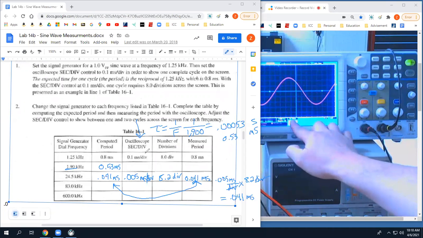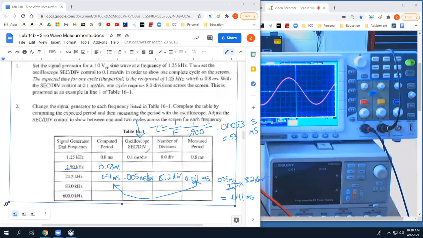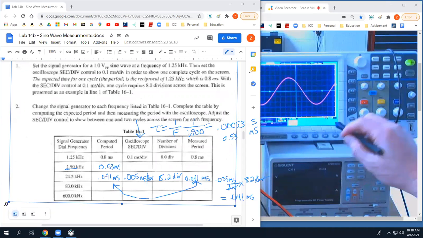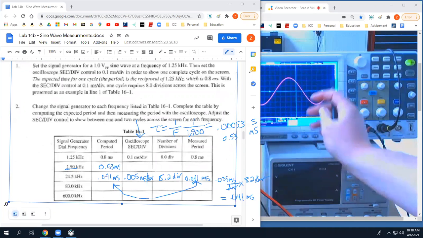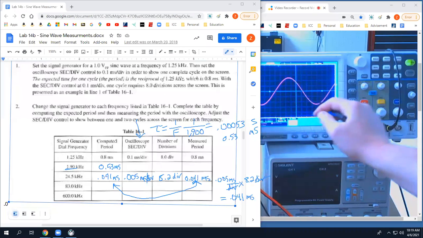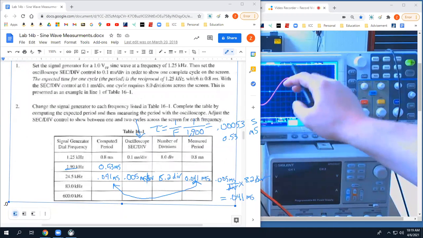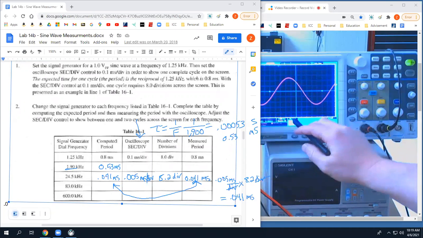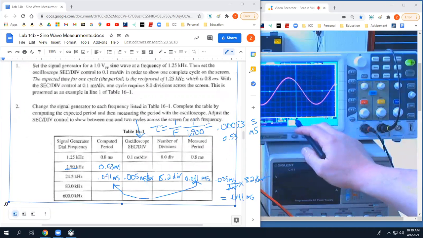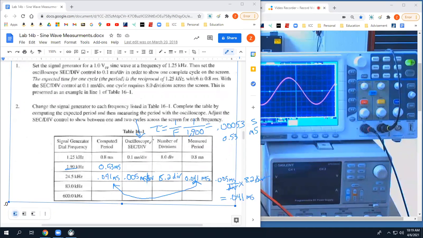It's at 50 microseconds per division. So now I'm seeing what scale I have that will allow me to see one full sine wave. And mine happens to be 50 microseconds per division, or 0.05 milliseconds per division.